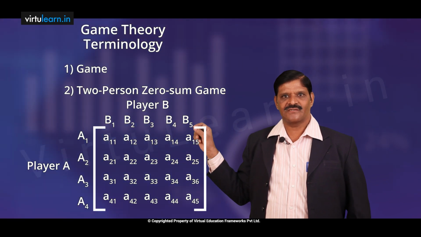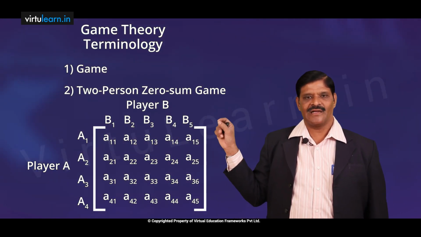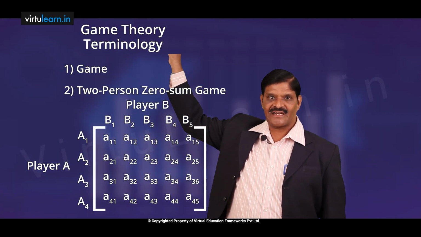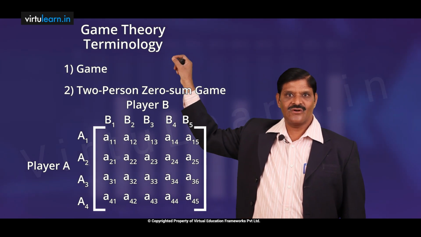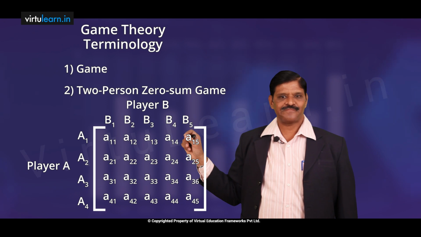One thing we need to remember is that all the elements in the table represent gains to player A, whereas they are losses to player B. This is a two-person zero-sum game.